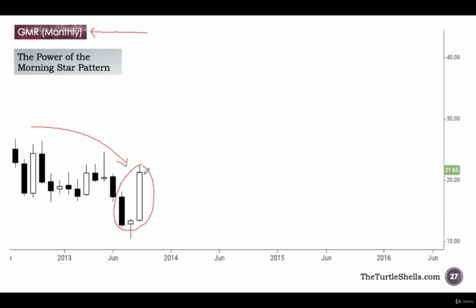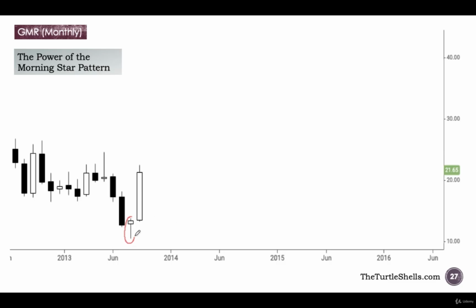The third candle was a long, very long white real body which closed well above the midpoint of the prior black real body. So those conditions are satisfied except for this small candle here, which should have been a little bit below.